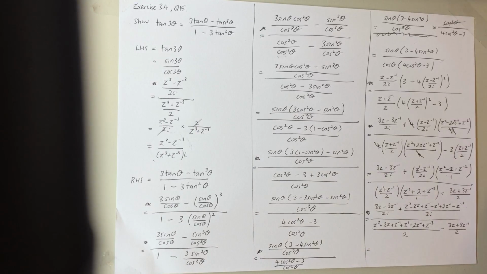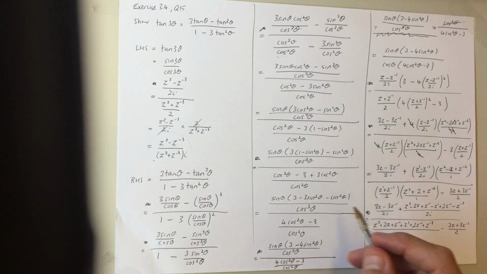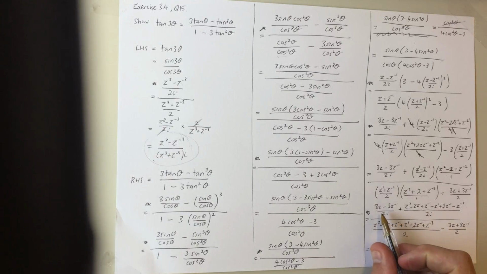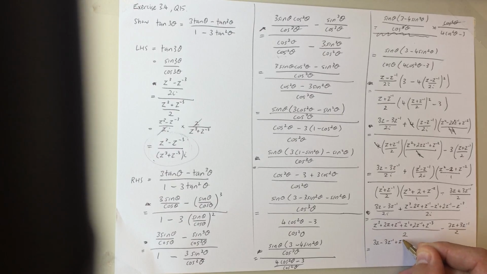Alright, so from here we can now do this addition, and hopefully we can then end up with this. Alright, so we can do this addition, so it's going to be all of this, all the numerator added together. So 3z, subtract that, plus all of this. Alright, so let's do it the long way. 3z minus 3z to the power of negative 1 plus z cubed minus 2z plus z to the power of negative 1, now that's all over 2i, and all of that's over that, subtract this.